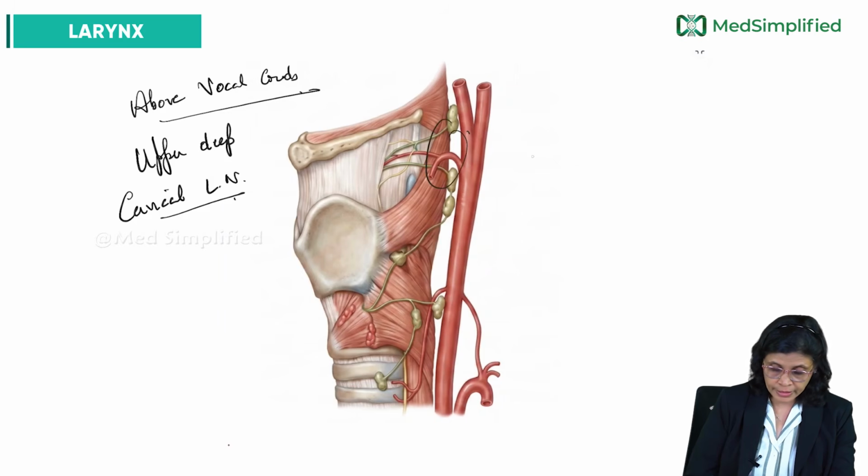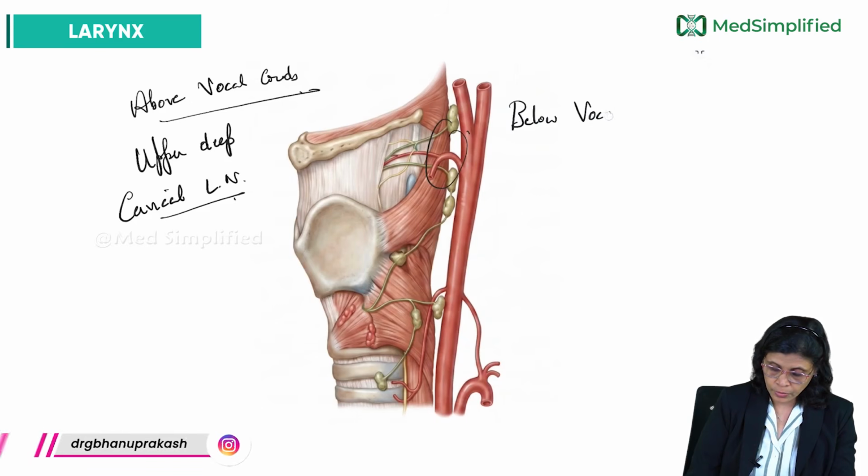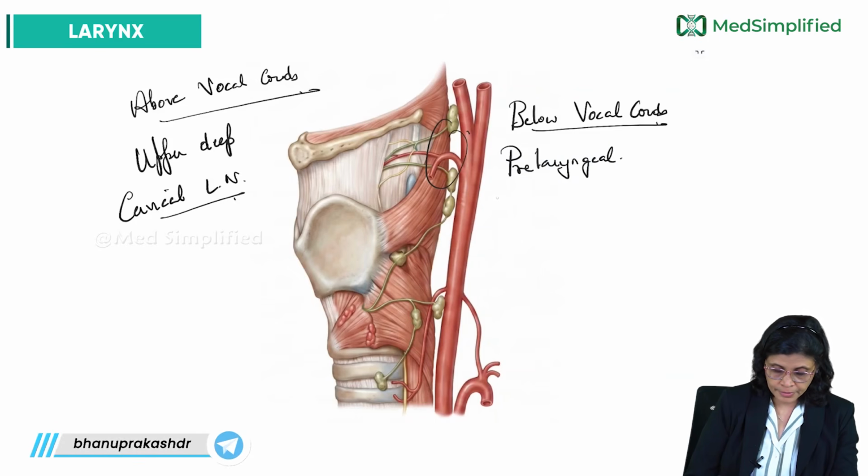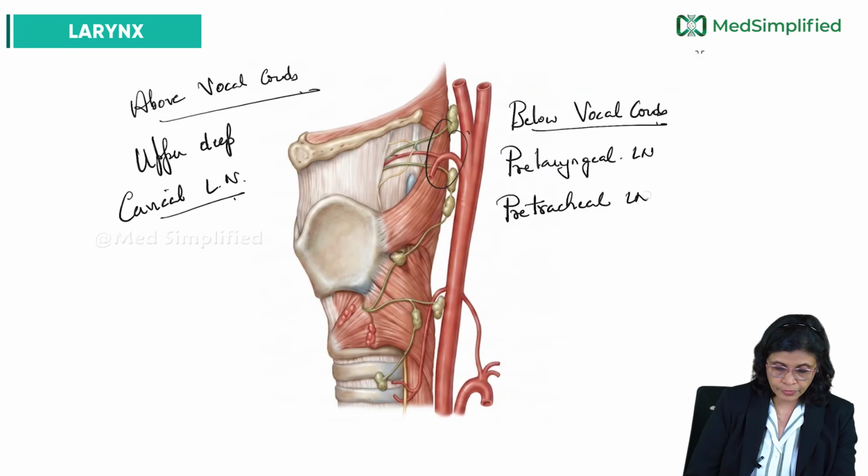Whereas in the lower part, below the vocal cords, it pierces the cricothyroid membrane there and goes to the pre-laryngeal and pretracheal lymph nodes.